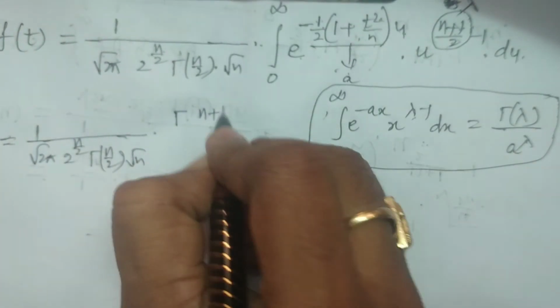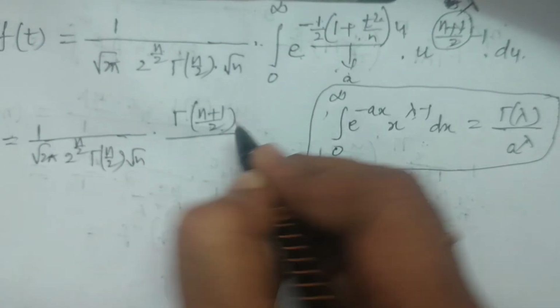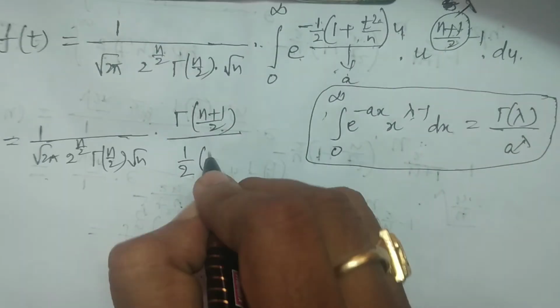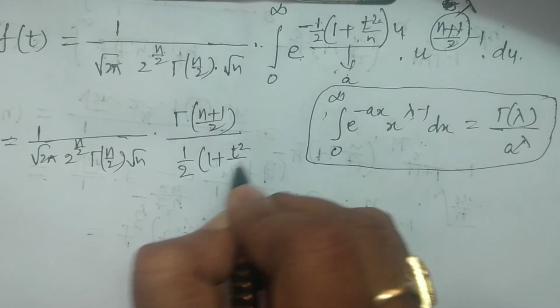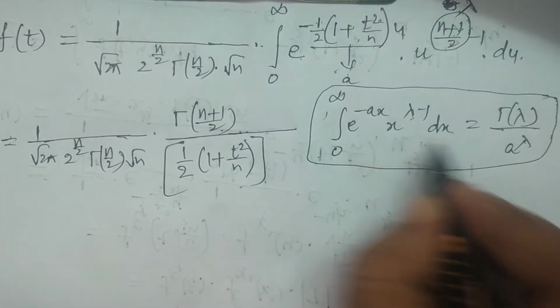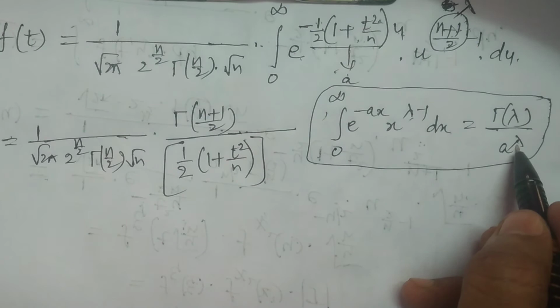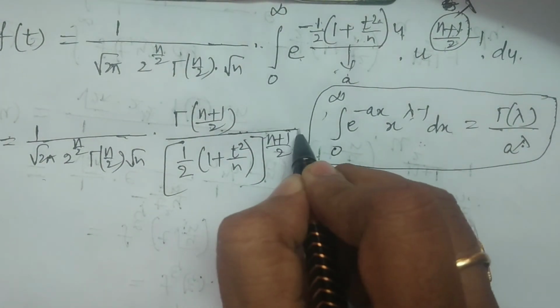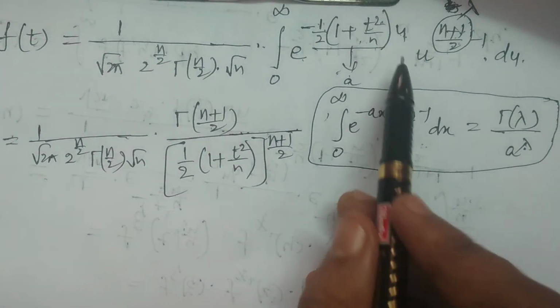Gamma of (n+1)/2 divided by a^lambda. A is (1/2)(1 + t²/n), whole power lambda, which is (n+1)/2. This is the formula, the result of this particular integral.